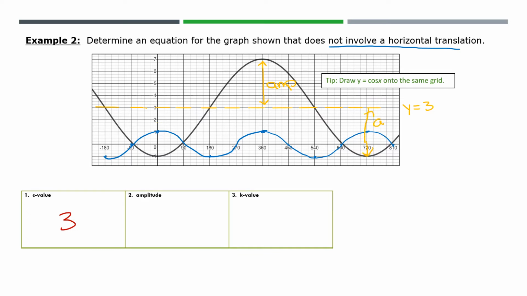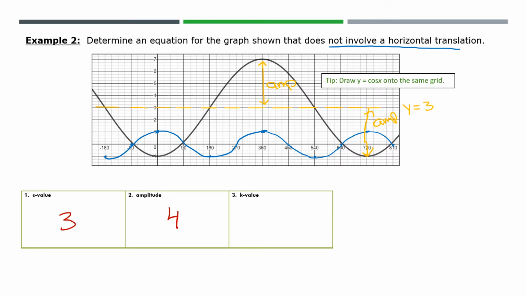That's also the amplitude. So the amplitude is 4 units. And again, if that's hard to tell by looking at it, you can always use one of the 2 formulas on the other side of the page. One was maximum minus minimum divided by 2, or the other one is take a maximum, subtract the C value. So our amplitude is 4.